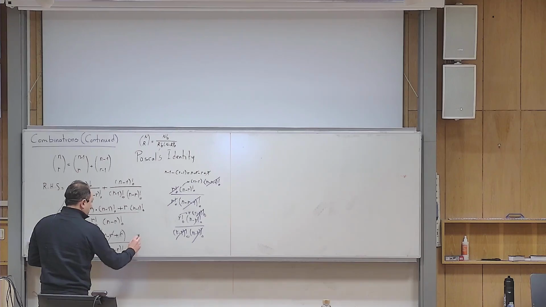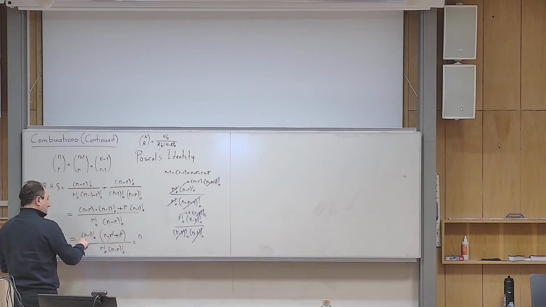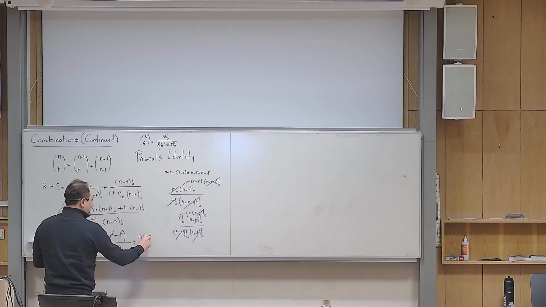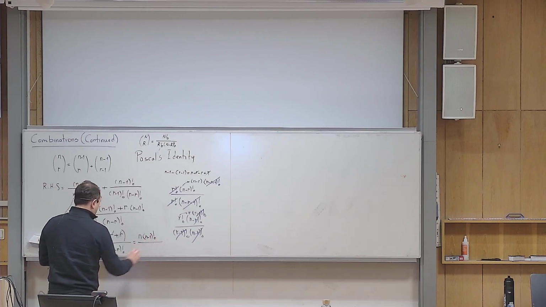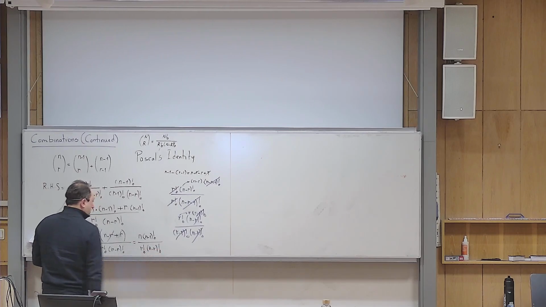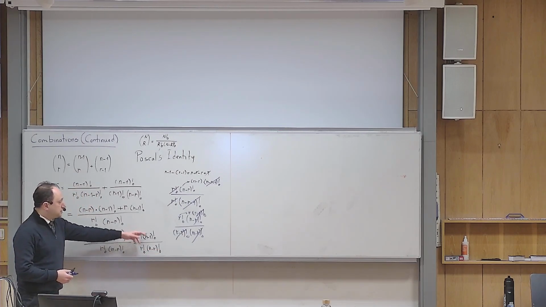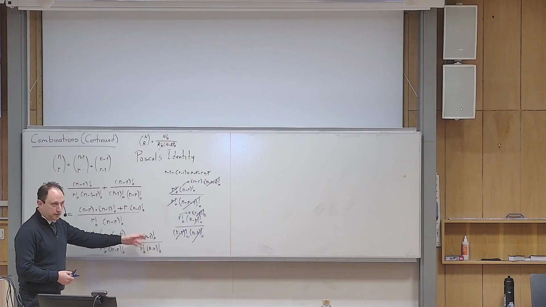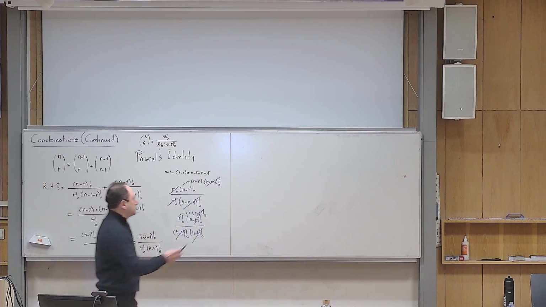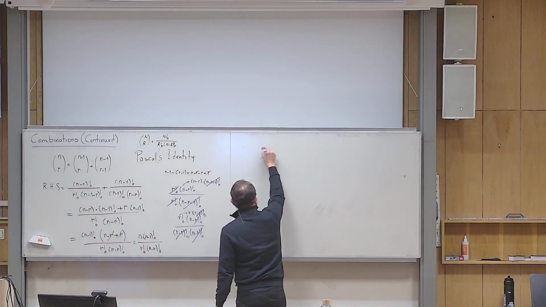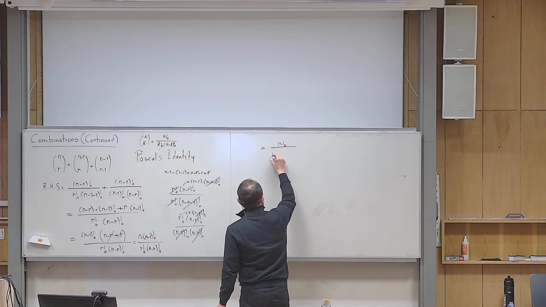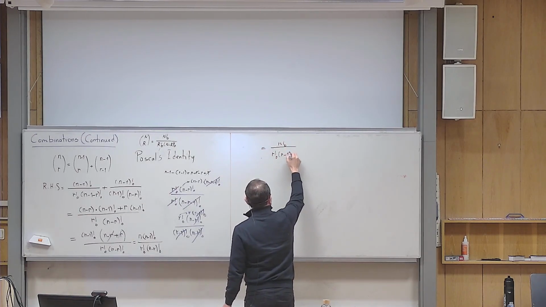So n is left, which will be multiplied by the previous factorial, divided by the denominator, I don't just copy and paste it. So what can I write in the numerator? n times the previous factorial is n factorial, yes? So I just combine it into the form of n factorial divided by r factorial n minus r factorial.